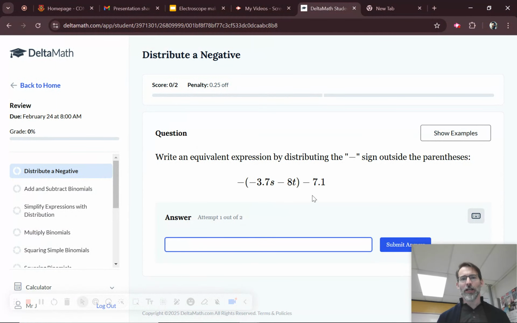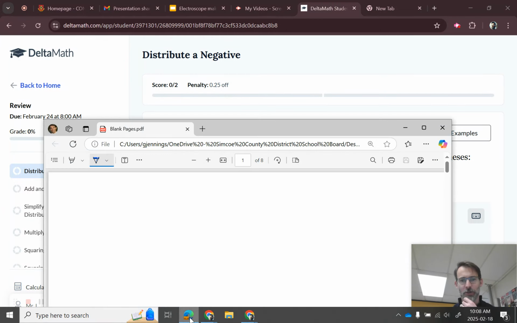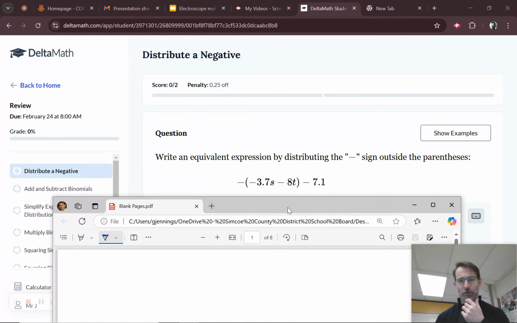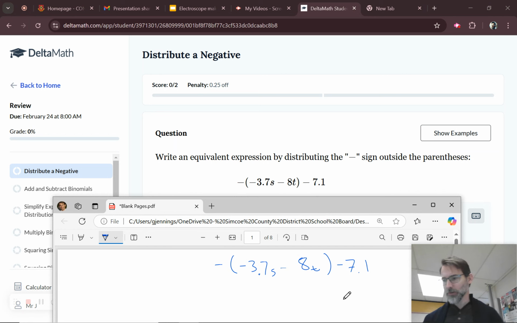I want to write an equivalent expression by distributing the minus sign outside the parentheses. So what this is asking you to do is, first of all, I would just copy this out. So minus (3.7s minus 8t minus 7.1). Okay, and then what we're going to do, let me move my tablet so that I can write on it a little easier, is use the equal sign.